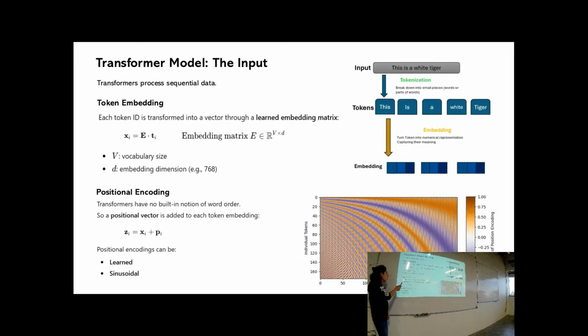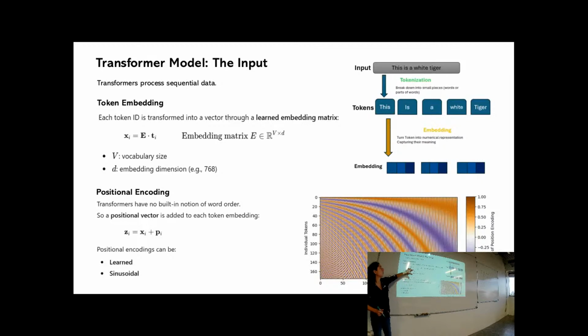Okay, so what you do, you sum your tokenized, linearly projected on a d-dimensional space token, and your positional encoding, which is of course in a d-dimensional space as well. From now on, our input will live in a d-dimensional space.